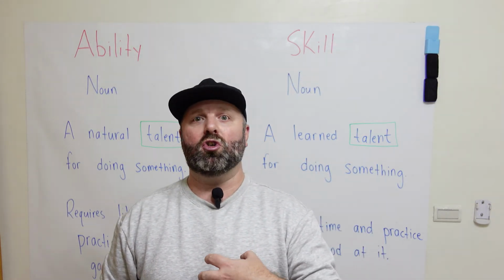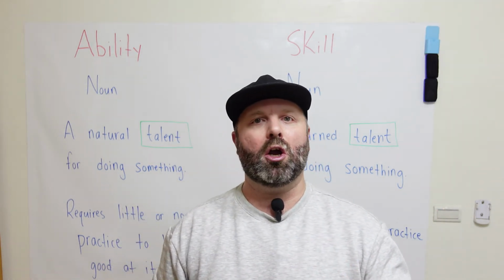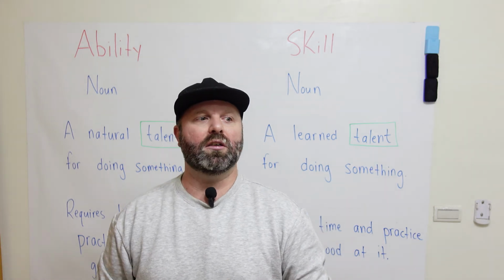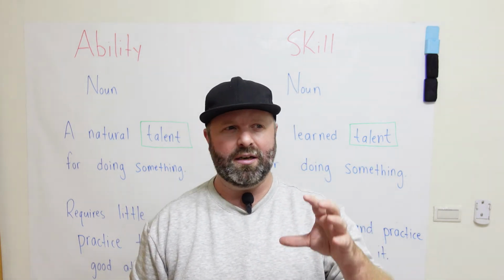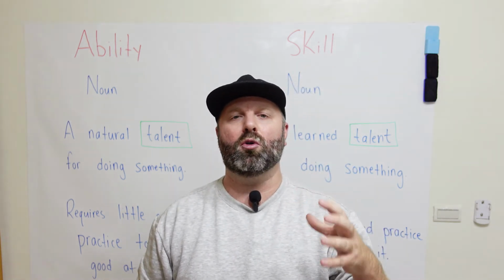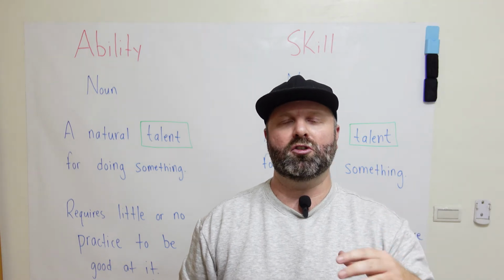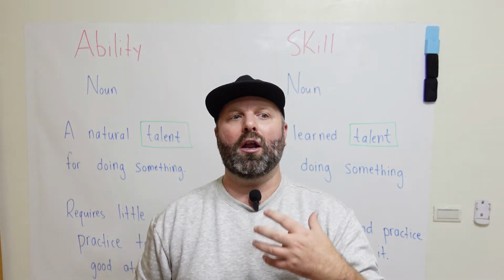Some people can just sing well naturally. Some people can just play soccer well naturally. Some people can just play video games well naturally. They just see it, they hear it, they listen to it, and they're able to figure out very quickly how to do it well.